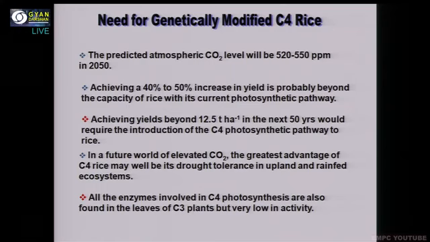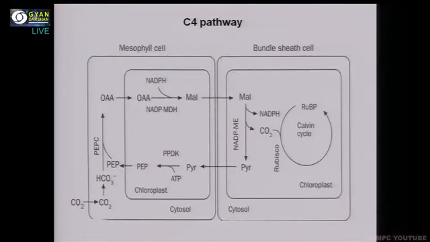Now, learners, one question might come to your mind. If you have studied C4 photosynthesis very carefully, you might have seen that the spatial pattern of distribution of enzymes was different, because there were the mesophyll cells and the bundle sheath cells, and there were some specialized enzymes like phosphoenol pyruvate carboxylase, pyruvate orthophosphate dikinase, and the NADP malic enzymes.